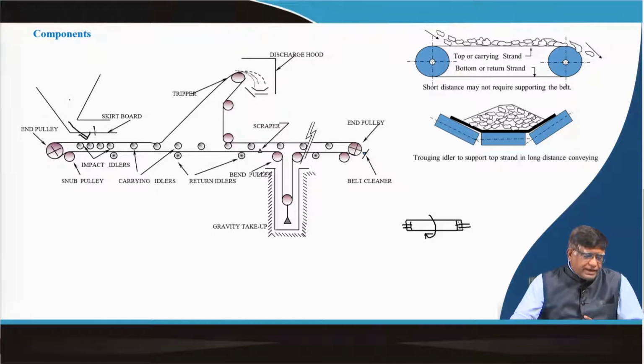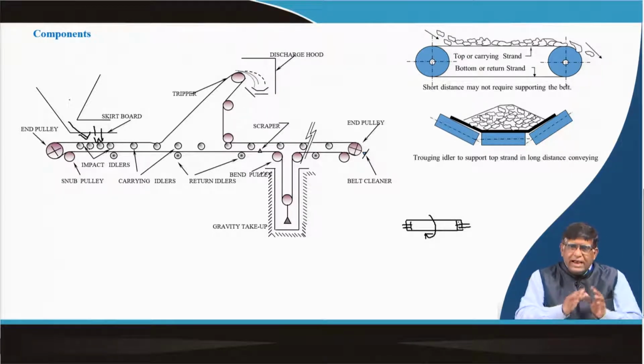When they fall over here, they will give an impact. That impact is taken by these idlers, otherwise the belt will get damaged. So, we have a cushioning effect by these idlers. They are specially made, we will discuss that later.